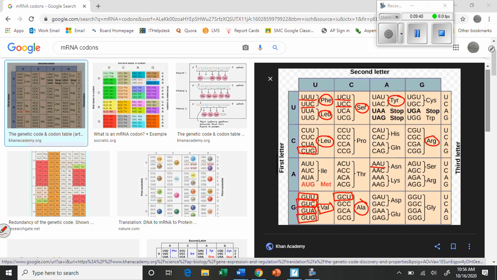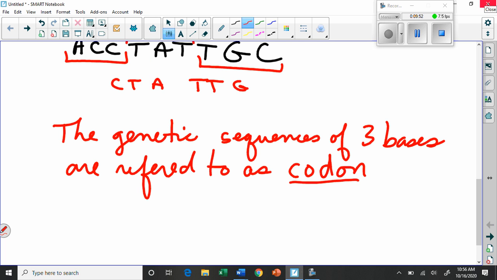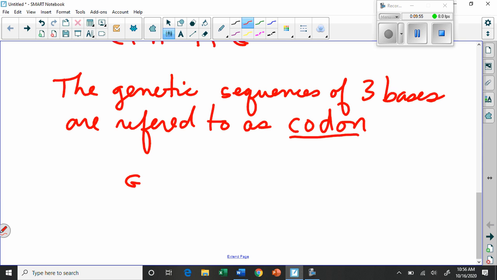I'm going to write those down, and then I'll show you why that would be advantageous. So let's go back to our, right? If you have GUU on a piece of RNA, but you get a mutation where the U gets torn off or something happens, and another one gets put in, replaced by, say, an A, well, it doesn't affect anything because it still codes for the same amino acid.